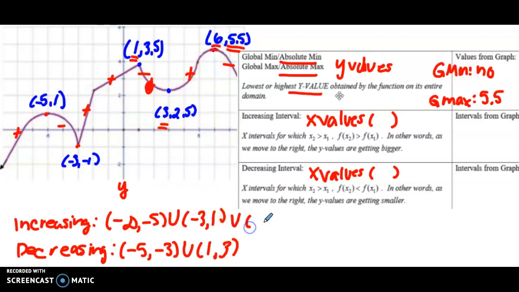So from +3 to +6 is the x values where I was walking uphill. And then notice at 6, I started going down, or decreasing, forever. So from 6 to positive infinity, my graph is going to be decreasing, or going downhill. We will be going over this, so if you have any questions, please let me know.